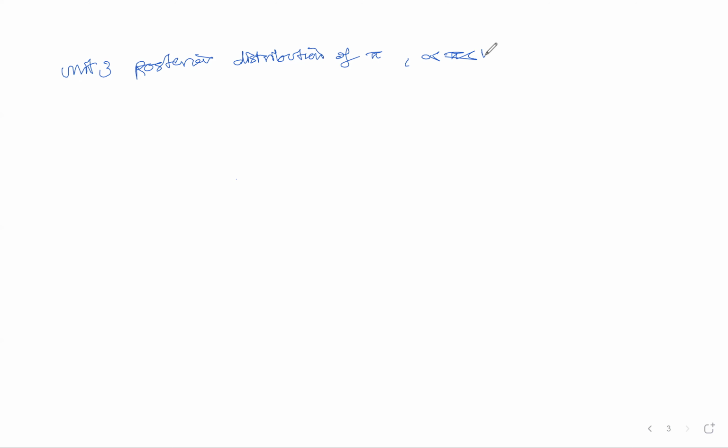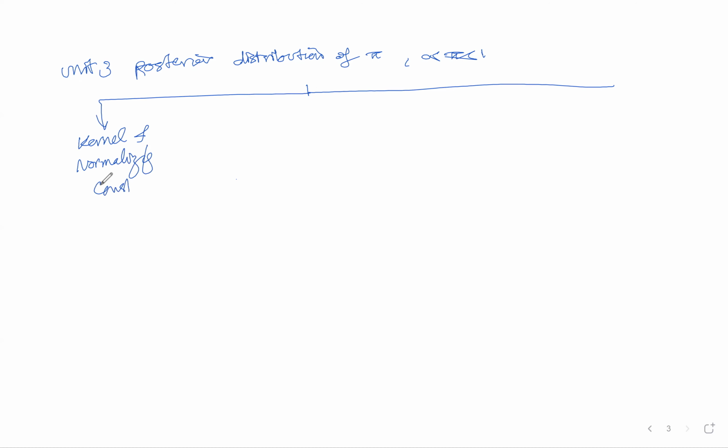So let's start. In this unit, we talked about the difference between kernel and normalizing constant. For example, if I have this function, probability of y given pi equals n choose y, pi to the power y, 1 minus pi to the power n minus y.